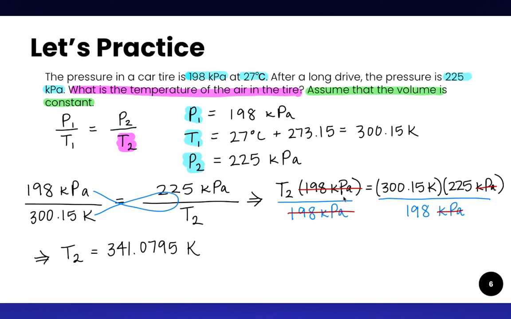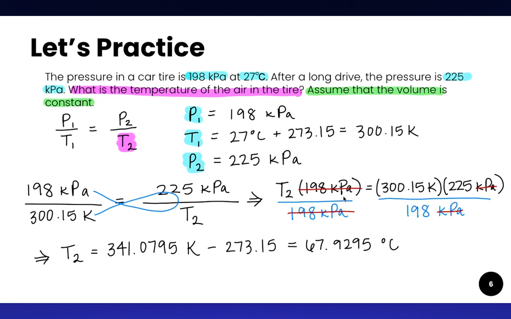So at this point, what I'm actually going to do is put it back into Celsius, because that's the unit that they gave the temperature in. So let's just subtract 273.15 right now. That's going to give 67.9295 degrees Celsius.